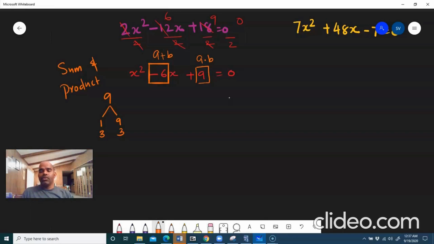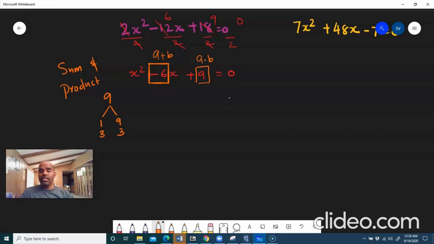To figure out which, you need to check the sum also. The sum a plus b is negative 6. If both are positive, the sum will be positive; if both are negative, the sum will also be negative. So here this is negative 6.